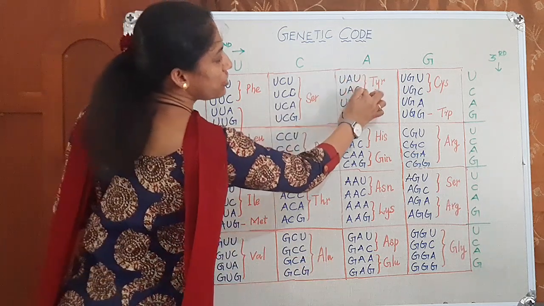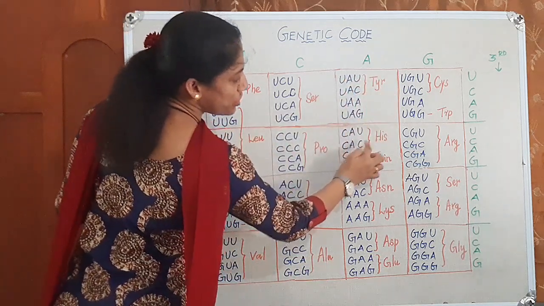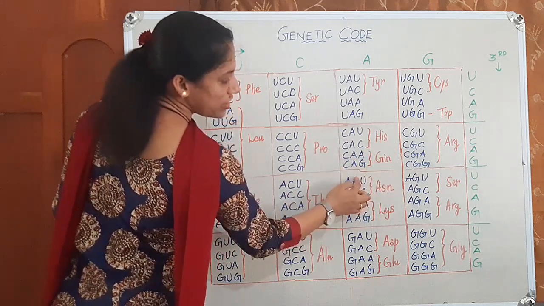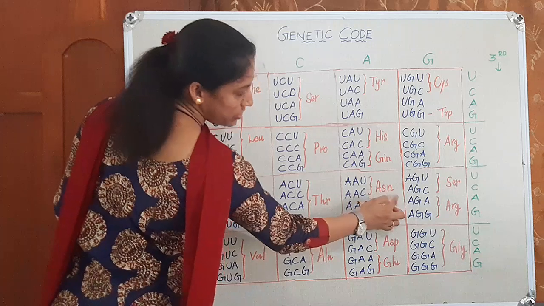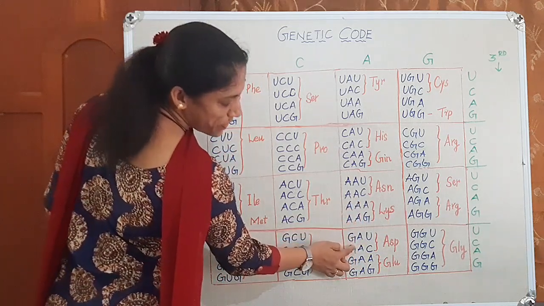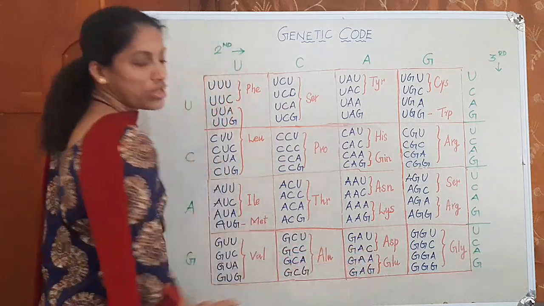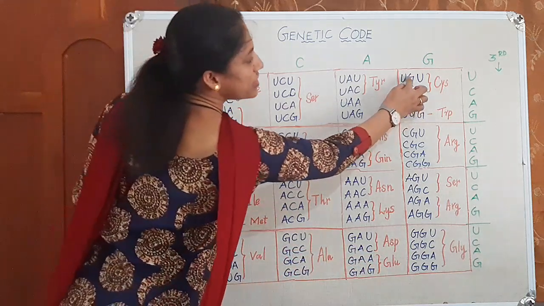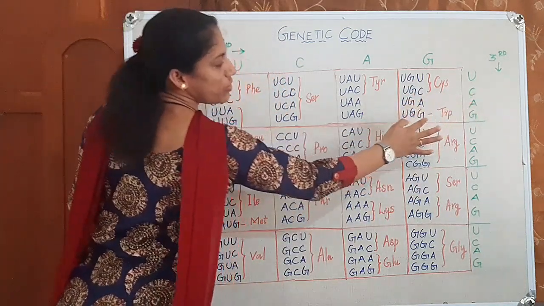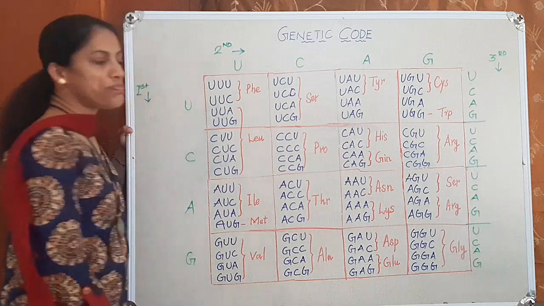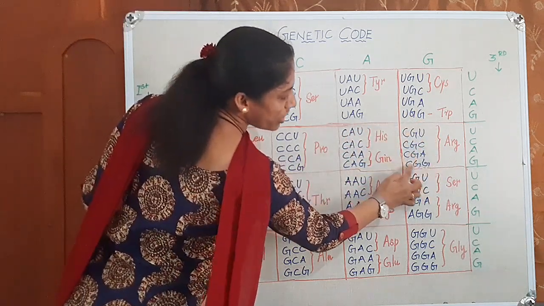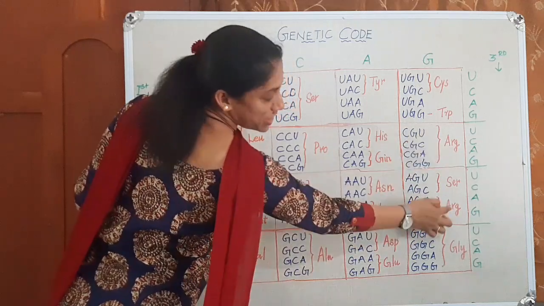Then these 2 tyrosine, these 2 histidine, these 2 glutamine, these 2 asparagine, these 2 lysine, these 2 aspartic acid, these 2 glutamic acid, these 2 cysteine. This one, I will tell you later. UGG, tryptophan. Then these 4 and these 2, arginine.